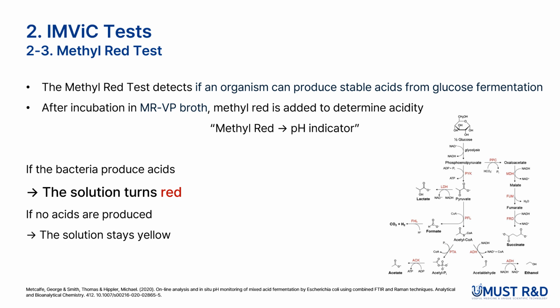Some bacteria ferment glucose via the mixed acid pathway, producing stable acidic byproducts such as lactic acid, acetic acid, and formic acid. The pH indicator methyl red turns red in the presence of strong acid, indicating a positive result. If no stable acids are produced and the pH is above 6, the solution remains yellow, indicating a negative result.